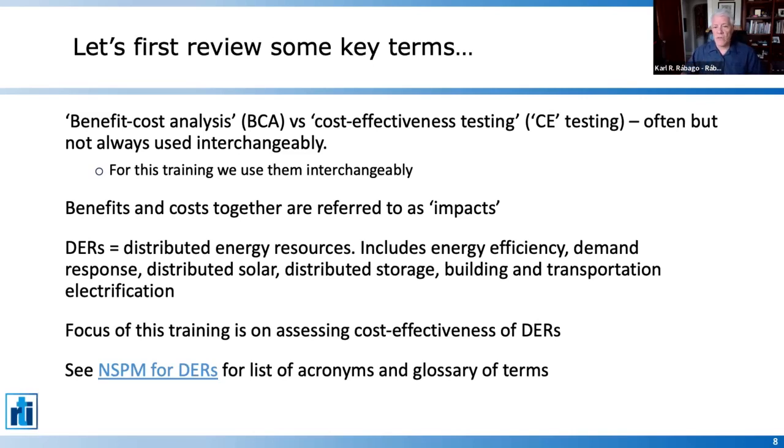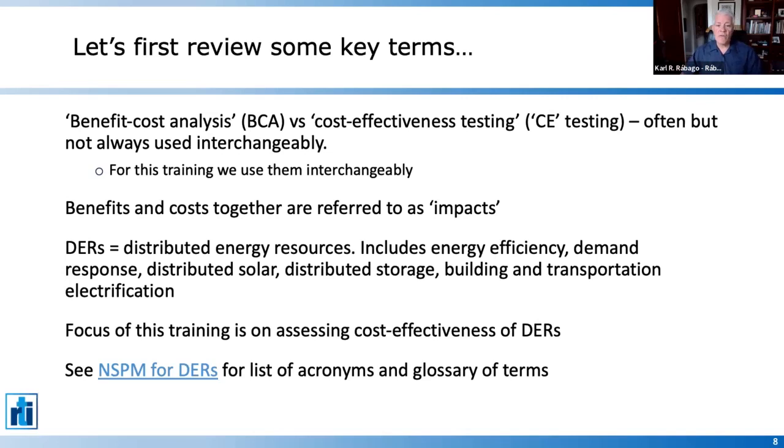For us, we'll always use them as meaning the same thing. The broader category that both benefits and costs fit into is impacts, meaning there can be beneficial impacts, there can be cost impacts. So impacts is the category, we're going to use that term a lot.